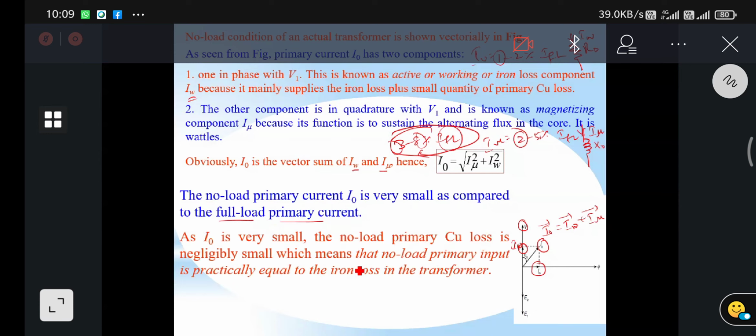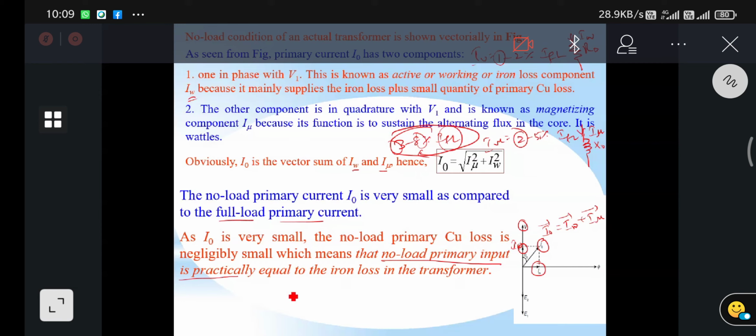As I naught is very small, the no load primary copper loss is negligibly small, which means the no load primary input is practically equal to the iron loss in the transformer.